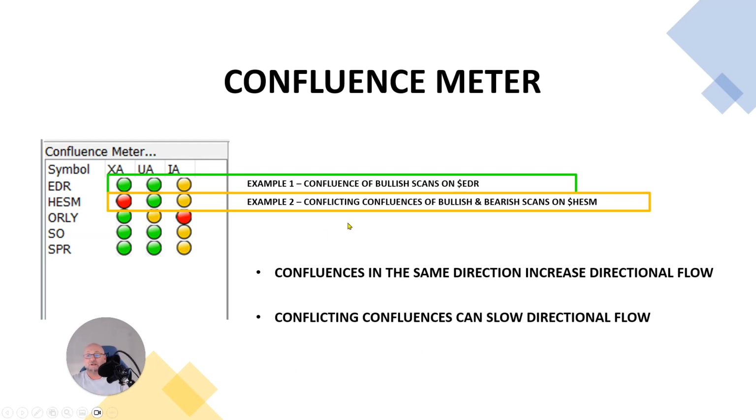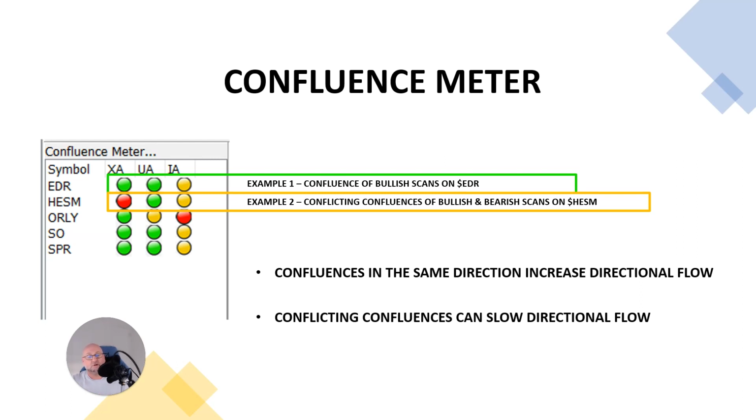And then the next one is conflicting confluences of bullish and bearish scans. One of the things I always talk about is that confluences need to flow in the same direction. It's like a river. The confluences, those tributaries, if you like, need to run and increase the flow. If there's something working against it, like a dam altering the path, then we have to be very careful.